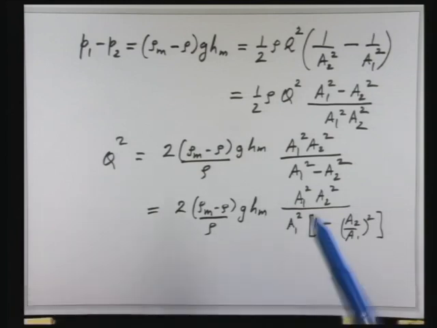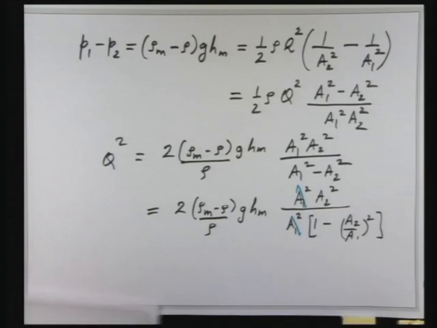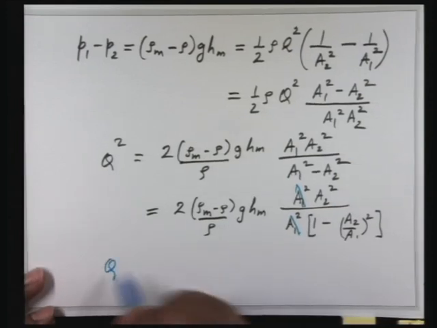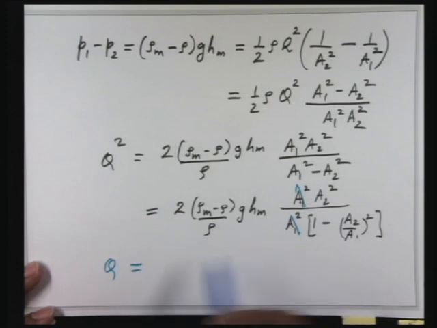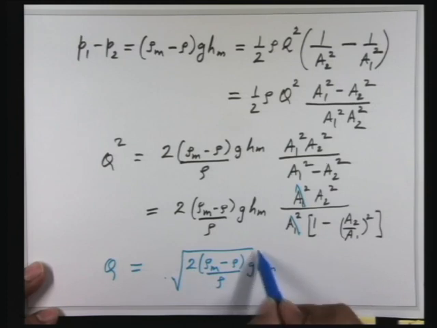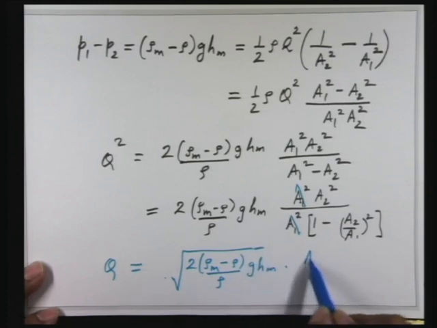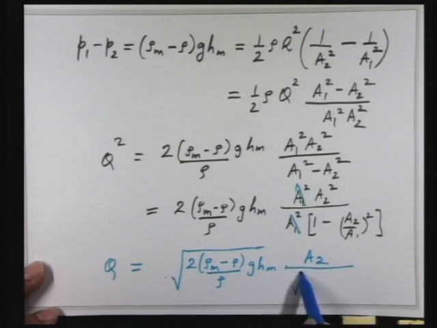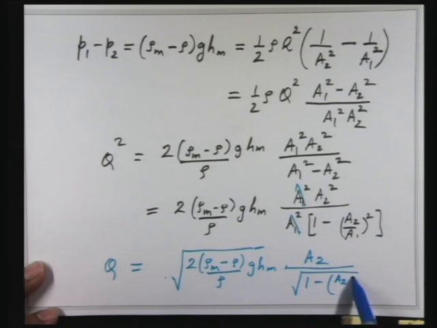So this A1 squared will cancel out. So from here, if you take the square root, your Q will be the square root of twice (rho_m minus rho) by rho g h_m, into A2 by the square root of 1 minus (A2 by A1) whole squared.